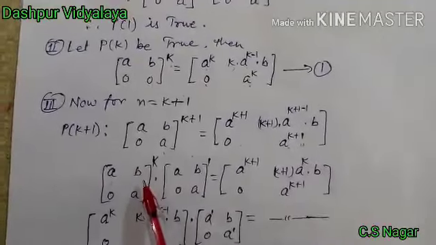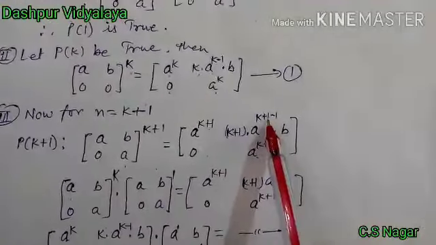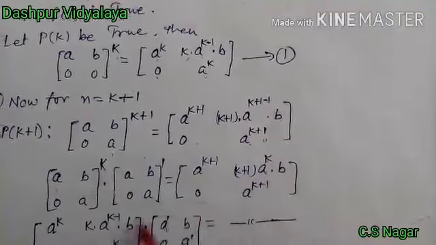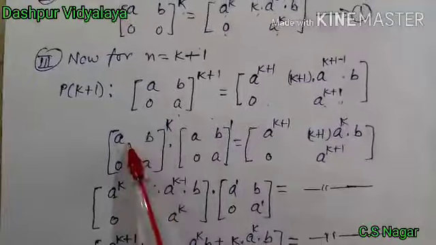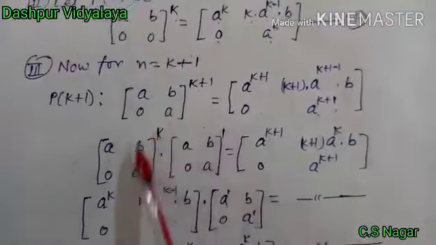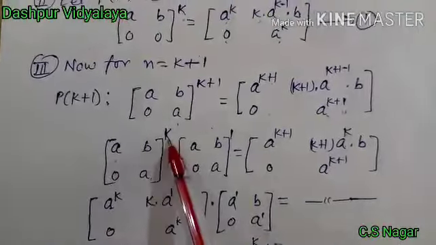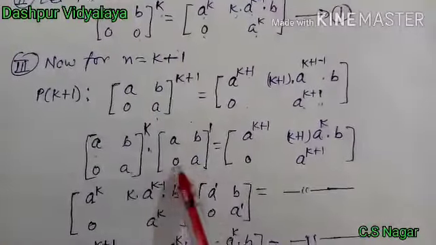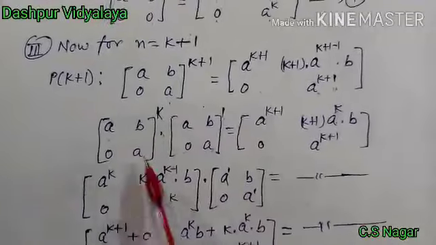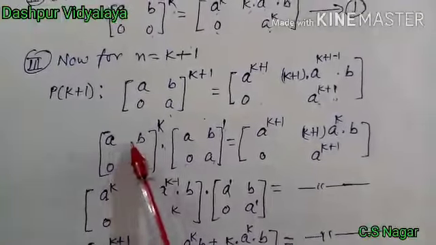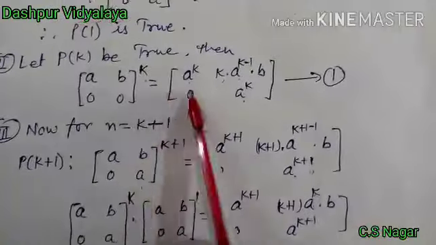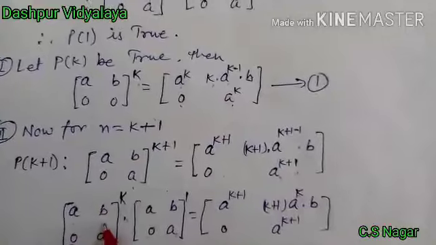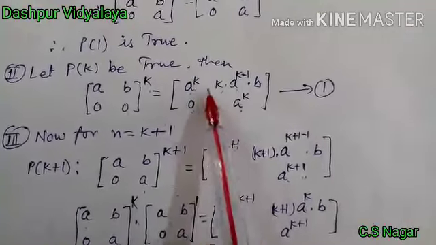Now the right side is as it is, only plus 1 and minus 1 cancel out, so it means only a^k, the rest remains as it is. Now on the left side the power is k plus 1, so write [[a, b], [0, a]] raised to the power k into one more power 1. Now the factor [[a, b], [0, a]]^k is true from equation number 1, so in place of this use this result.